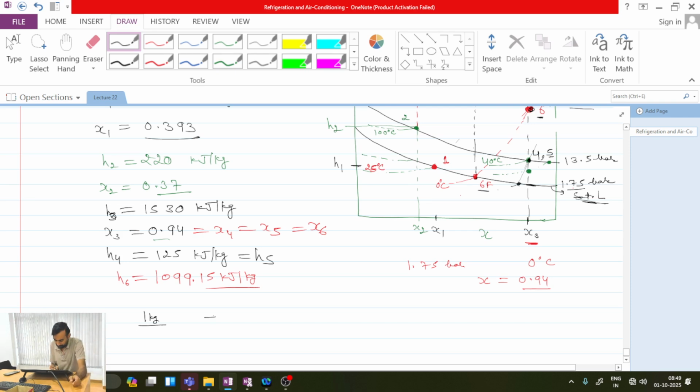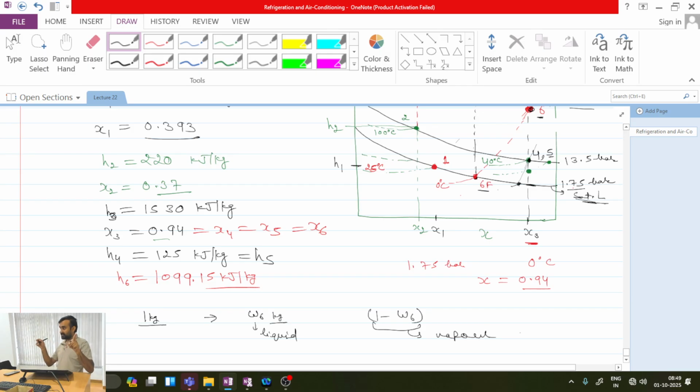In 1 kg mixture mass, I have W6 amount of liquid. Then how much vapor will I be having? 1 minus W6. So 1 kg is the total mixture, W6 I assumed amount of liquid, and 1 minus W6 is the amount of vapor.